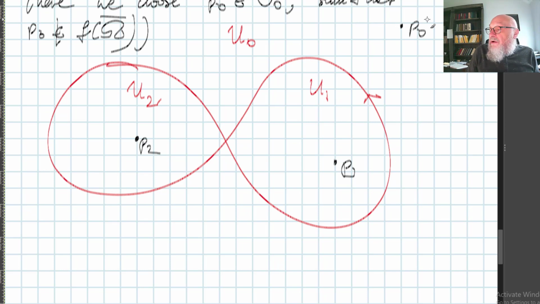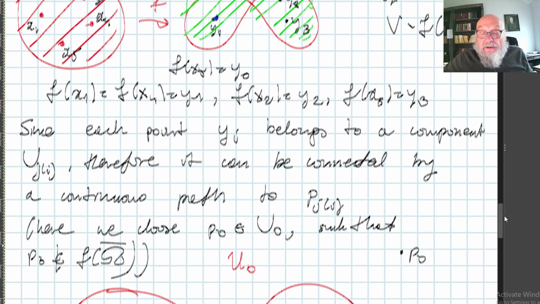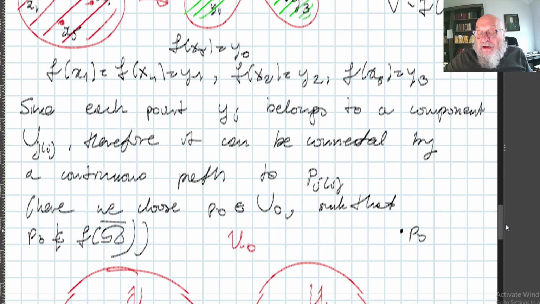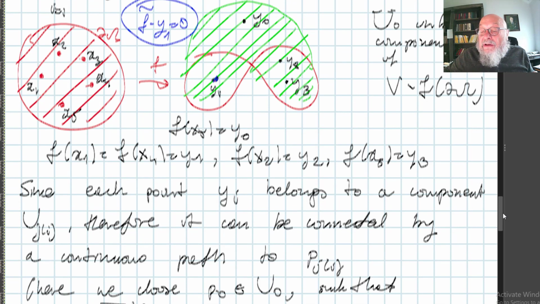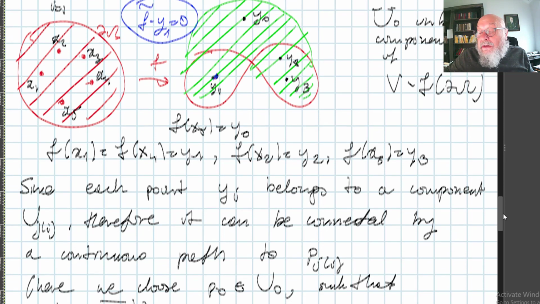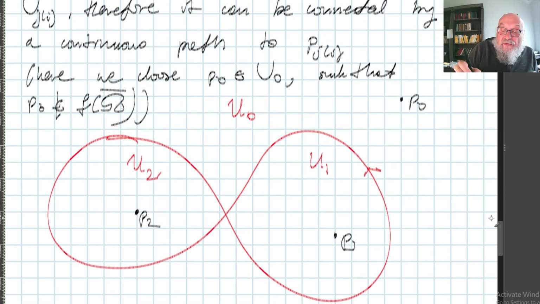As we have these points in U1 and U2, here is Y1, and we can connect it by a path.